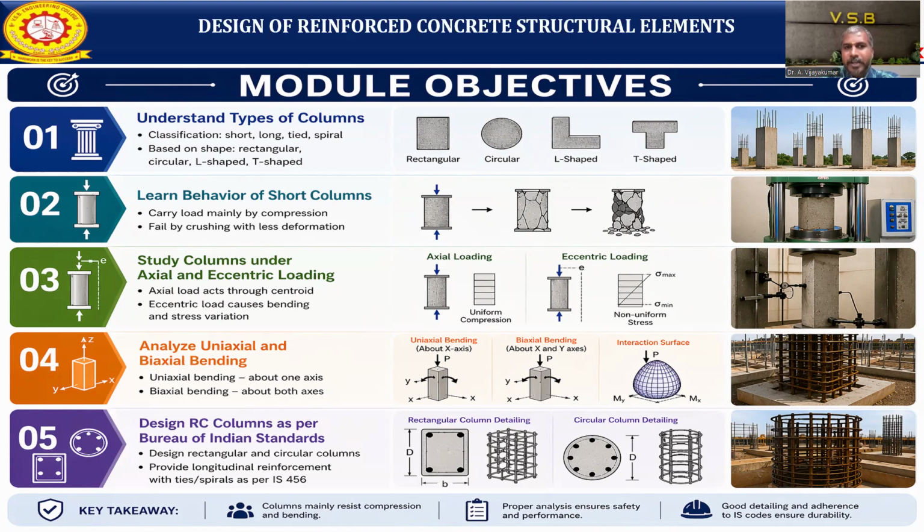Then we can classify based on shape, which may be a rectangular shape, a circular shape, an L shape, or a T shape. As a learner you should know how to classify the columns, which we are going to implement in the field of civil engineering.